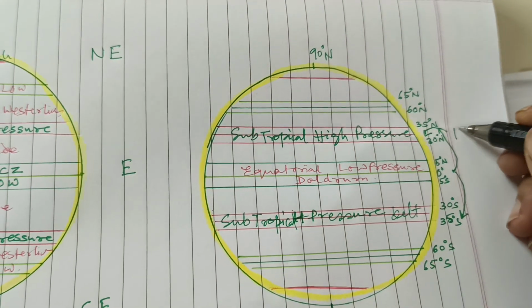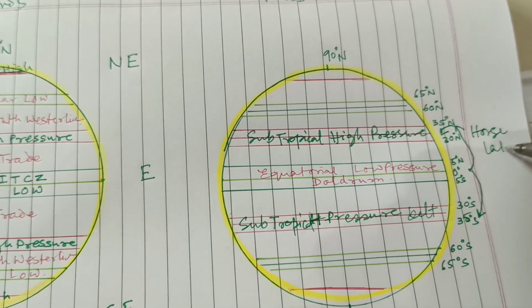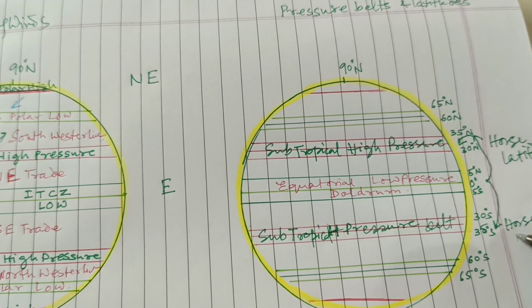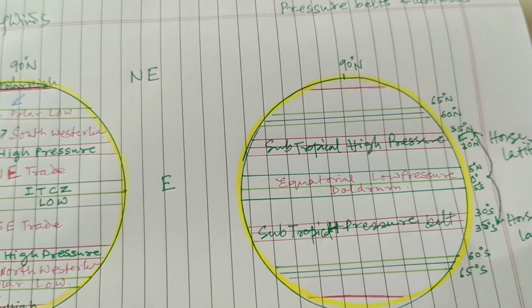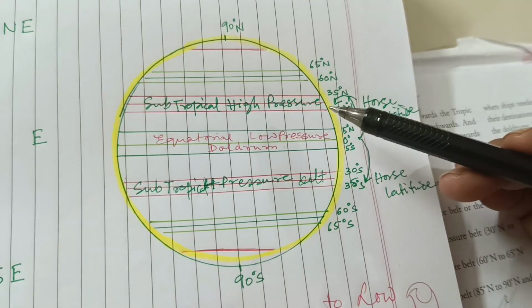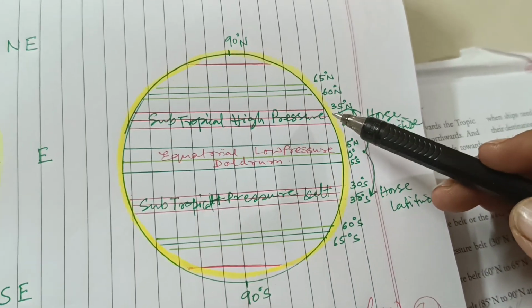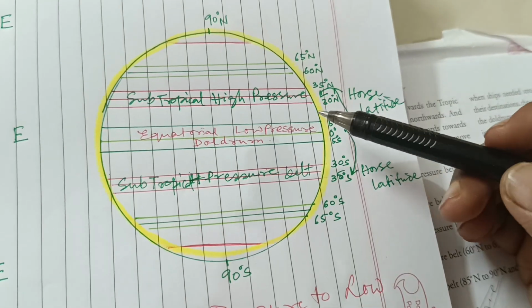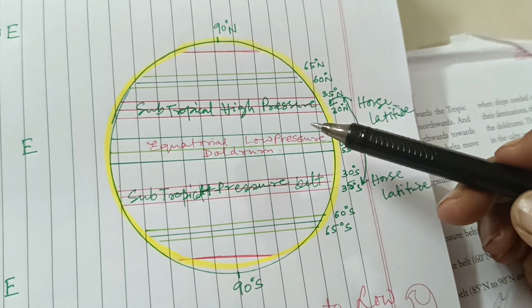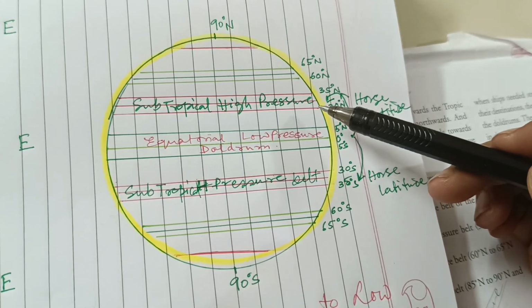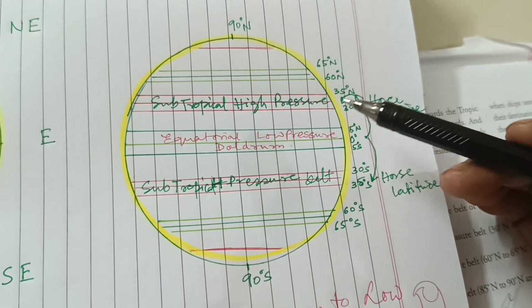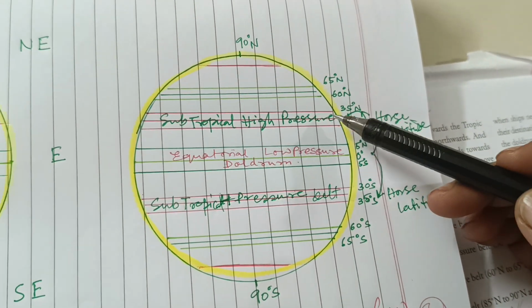It is also called horse latitude. There is a small story that in the previous years, when trading was happening, the sailors used to take many horses along with them, but because of the high pressure, the wind was not there, and drinking water was very scarce at that time.